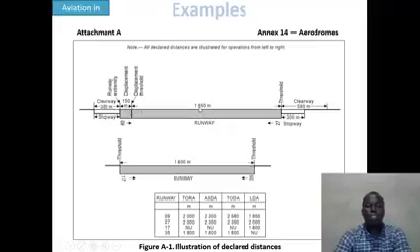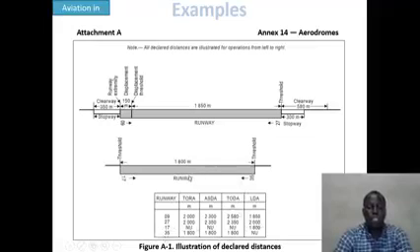That's why it's 1,850 meters. The same applies to runway 27: 2,000 for the TORA, 2,350 for the ASDA, 2,250 for the TODA, and 2,000 for the LDA.